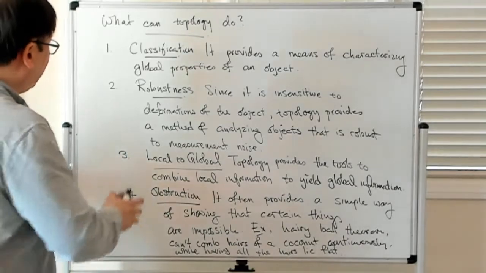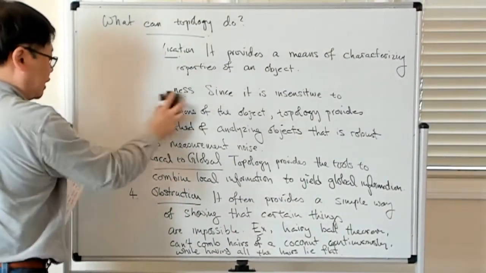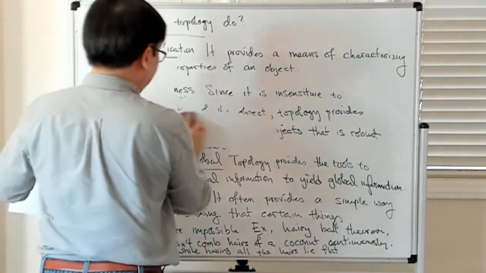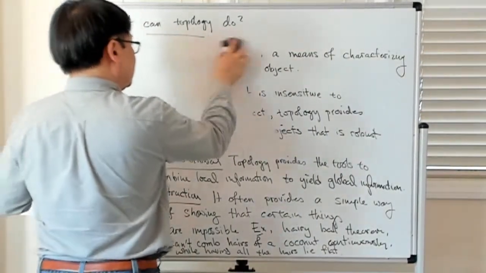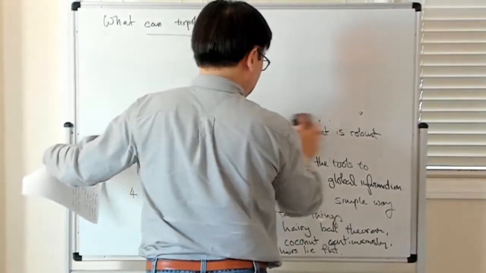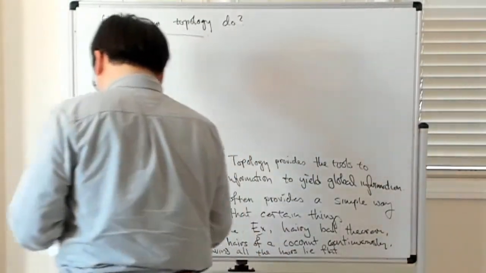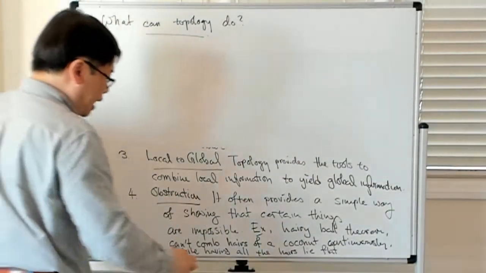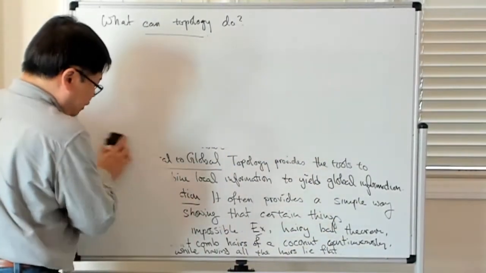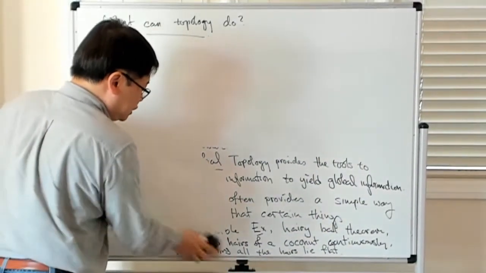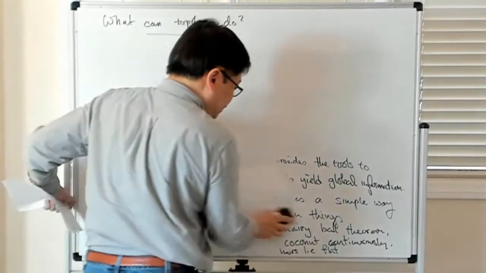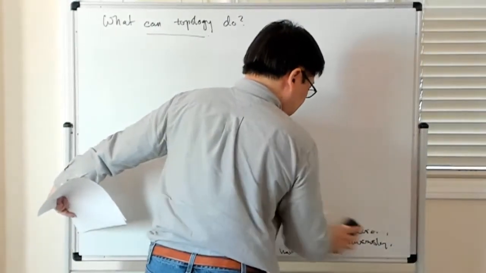So anyway, the upshot is that topological techniques provide a very robust way of classifying objects, particularly if these objects are noisy. That's going to be the main reason, from an applications perspective, why one might want to use topological methods: because of this robustness to noise.